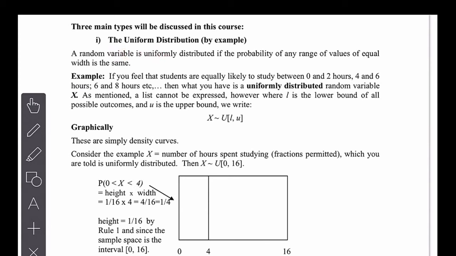This is called the uniform distribution. I introduced it before. Formally it looks like this. X would be distributed uniform, with L for lower and U for upper bounds.